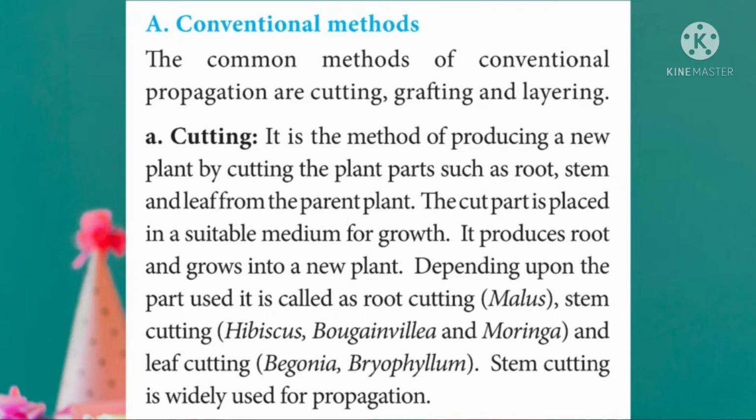The cutting is named by the portion we prefer to cut. For example, if we use the stem, the method is called stem cutting. If you take the root for cutting, it is called root cutting. If you take a leaf, it is leaf cutting.